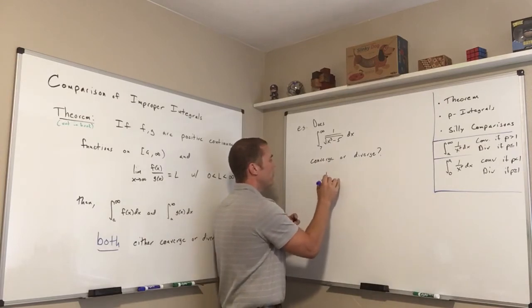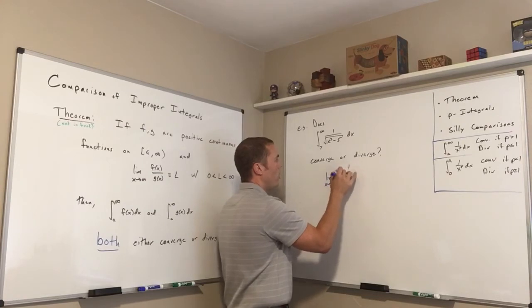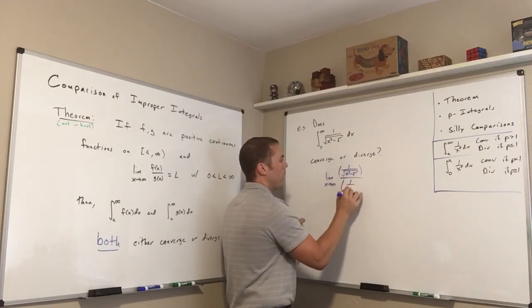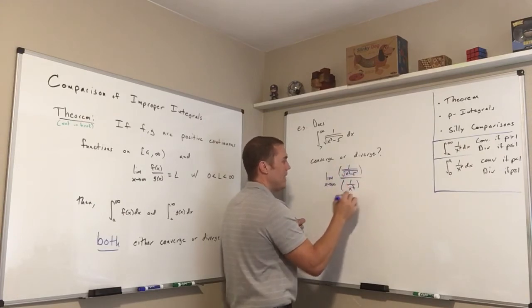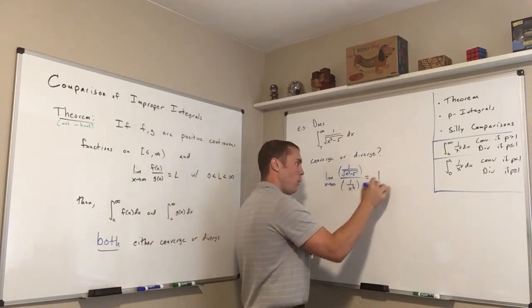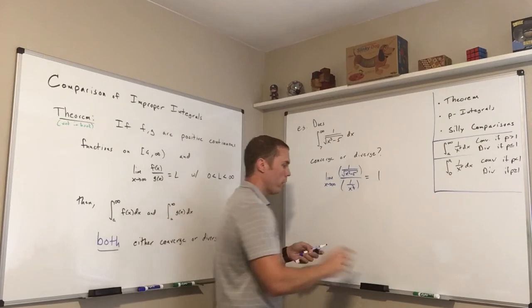If I look at the limit as x approaches infinity of 1 divided by the square root of x cubed minus 5 over 1 divided by x to the 3 halves, the same comparison we tried to make before, you work this out, you should get 1. Quick work being shown there.